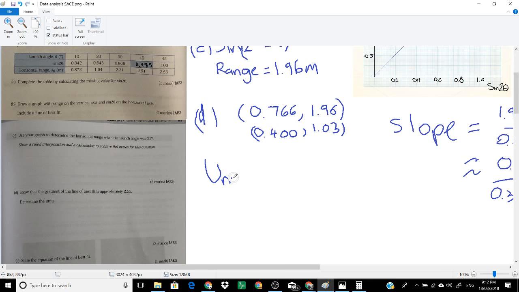I'm not going to dot my i's anymore. It's too hard. Units, so you've got meters over nothing. Not zero, but no units.